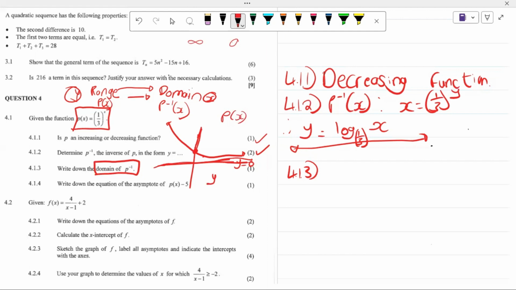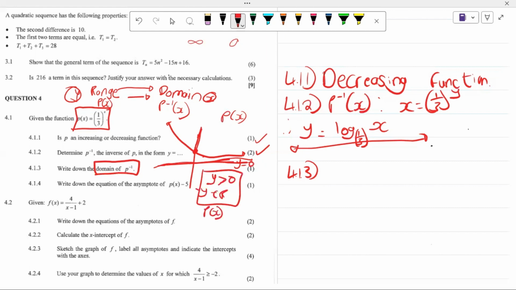Let's see. I can just say y must be greater than 0, but not equal to 0. And then y is an element of a real number. So basically, that's my p of x.